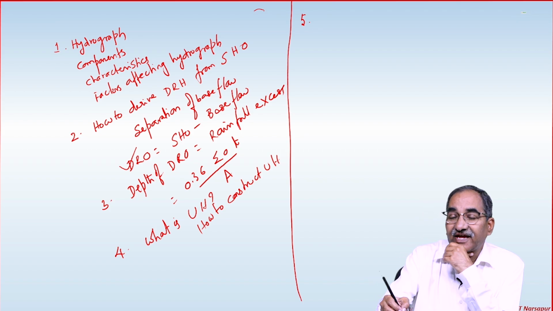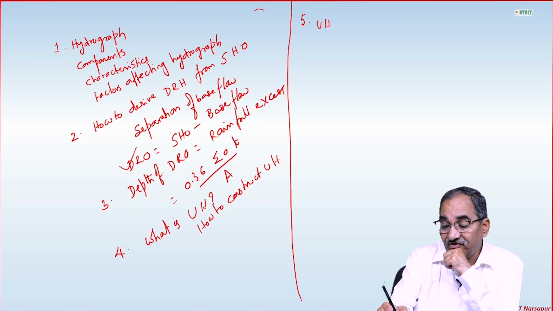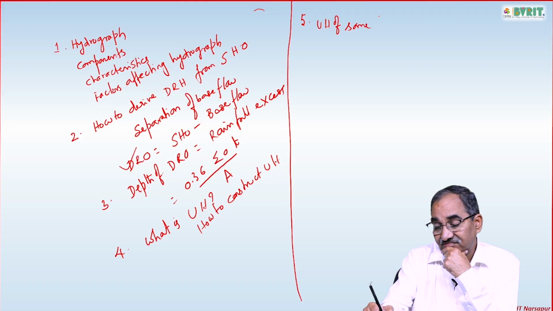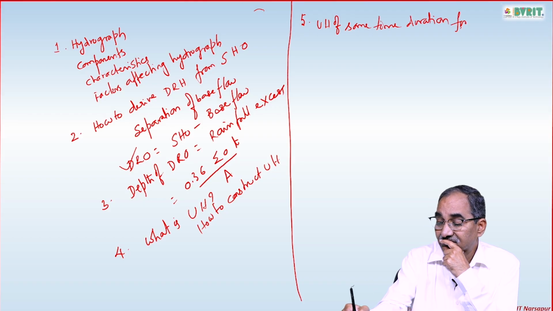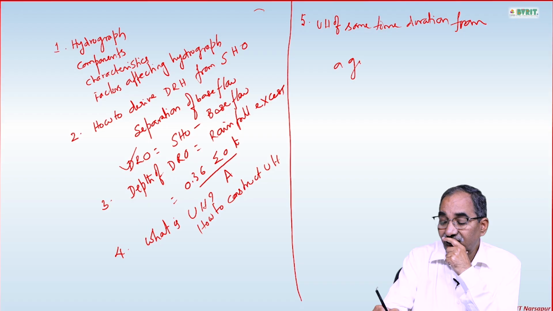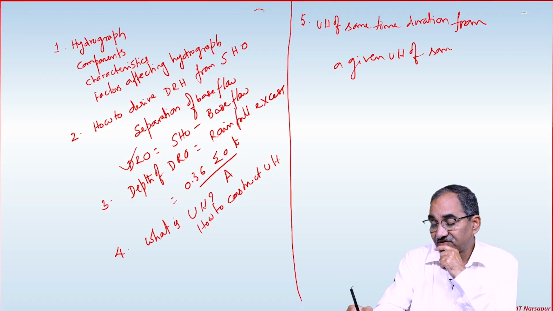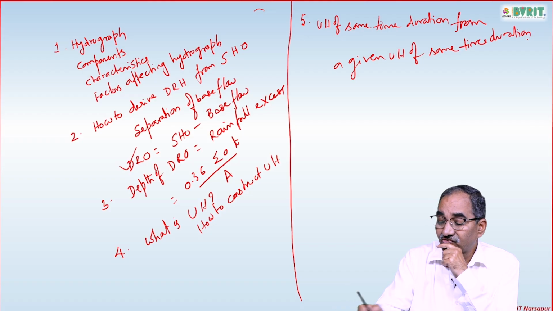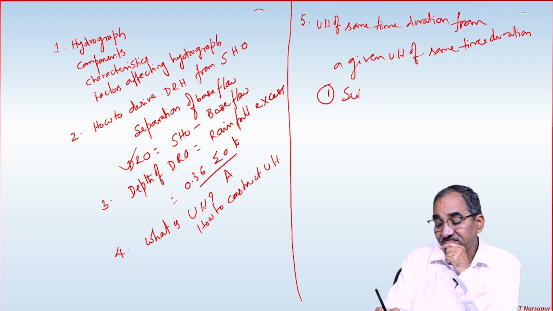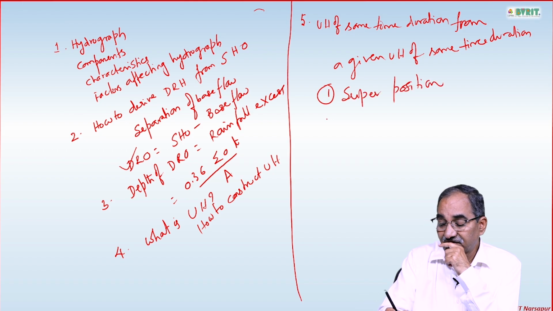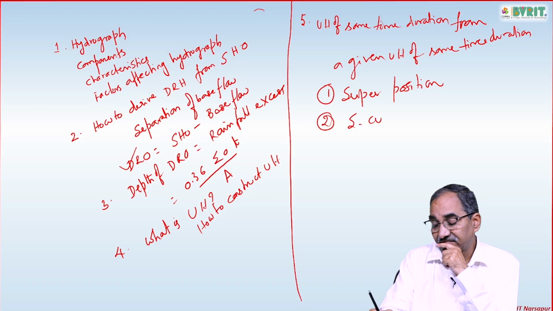Then what we have next taken up is how to get a UH of some time duration from a given UH of some other time duration. There are two methods here. One is the superposition method. The second one is the S-curve method.